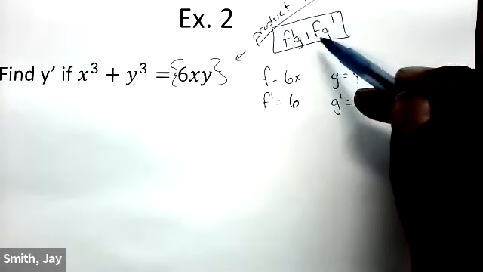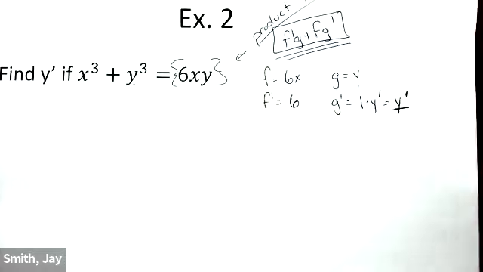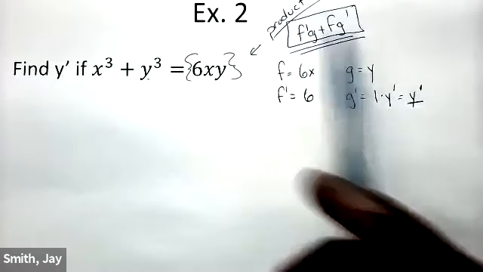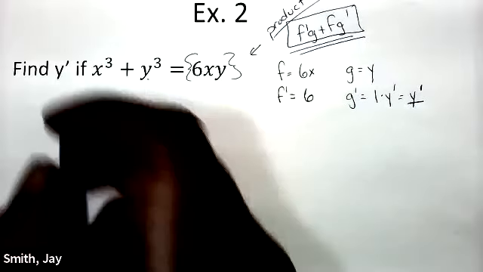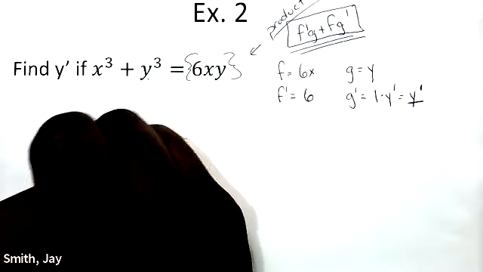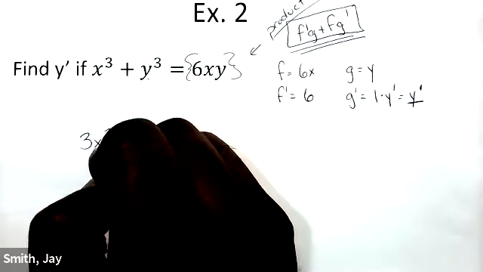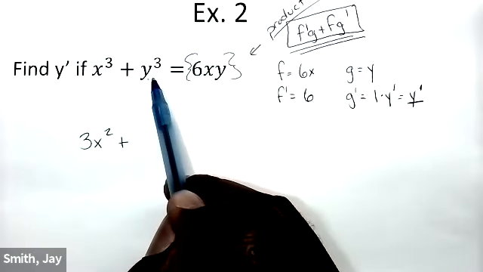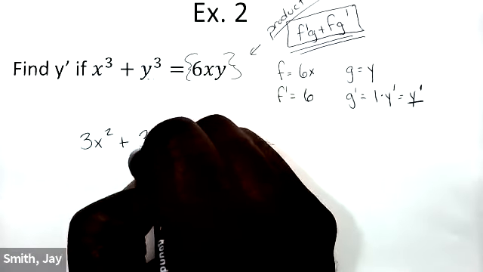So now all we have to do is plug everything in its appropriate place in the product rule and continue differentiating on our problem. So remember, the left-hand side wasn't supposed to be an issue. The derivative of x cubed is 3x squared, plus the derivative of y cubed, that would be 3y squared.